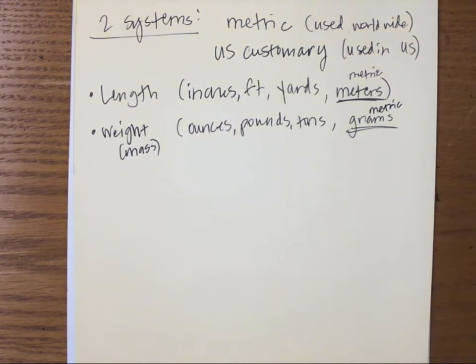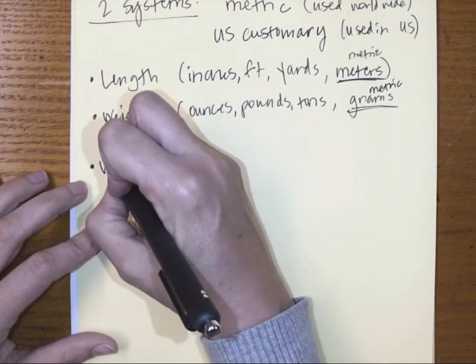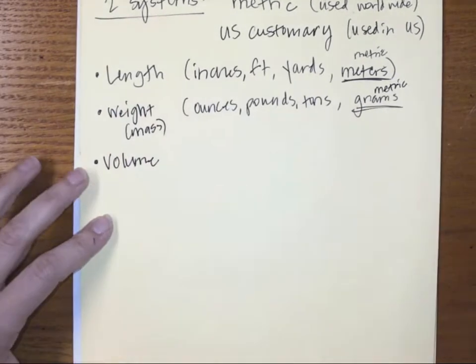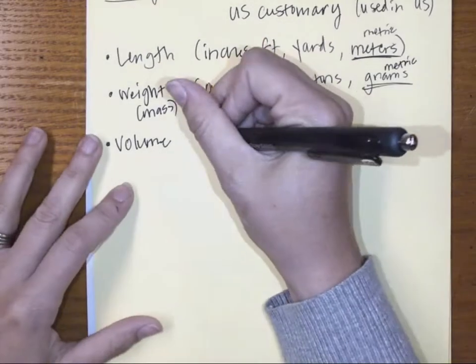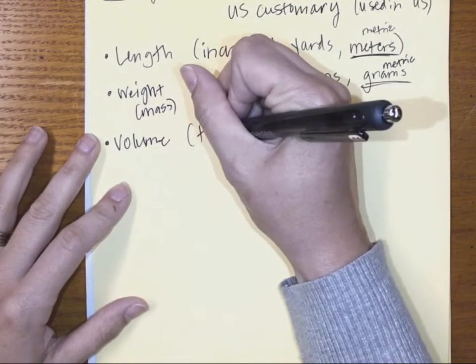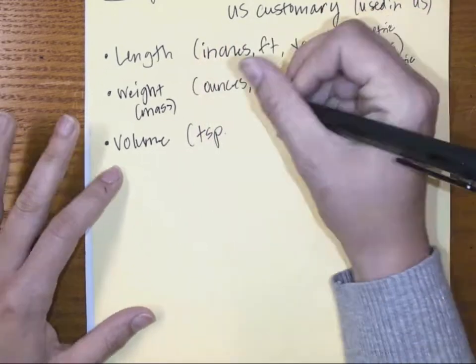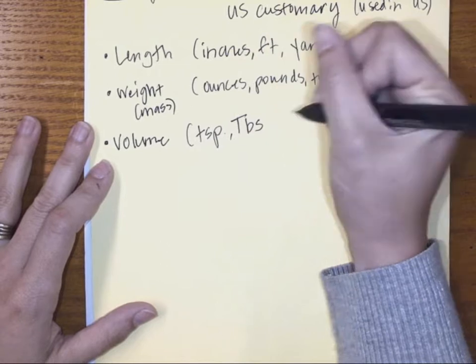Okay. Next thing, if I want to measure volume, it could be fluid or it could be dry. Wet or dry, we use pretty much the same measurements. For the U.S. customary system, we have teaspoons, which you usually see with a little t or TSP. Tablespoon, which you see with a big T, TBS.